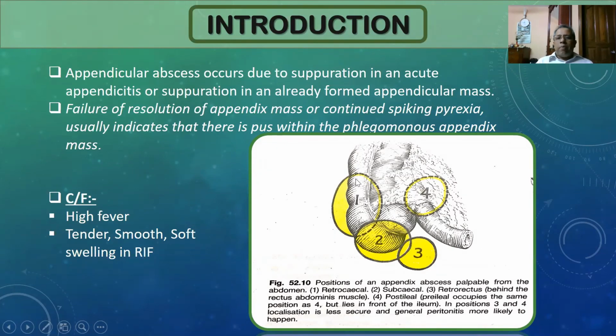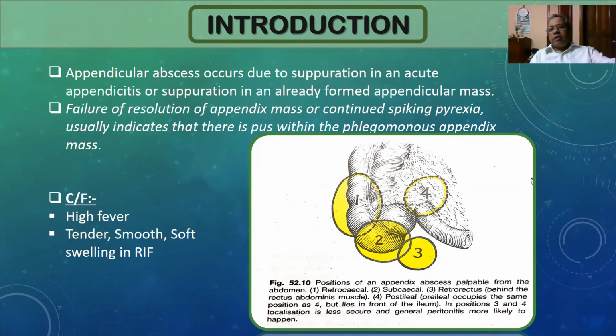Look at the picture. It is very important because it is sometimes asked in the exam: what is the treatment of appendicular abscess? Most students answer extraperitoneal drainage. That is a wrong answer, because extraperitoneal drainage is not possible all the time.